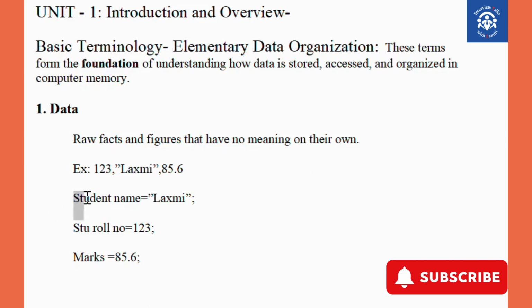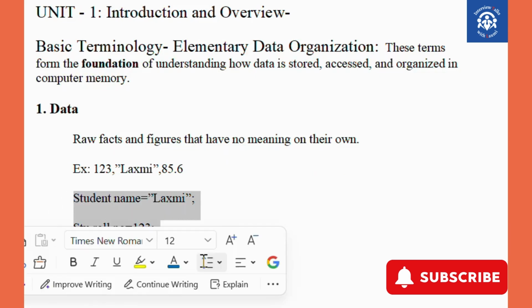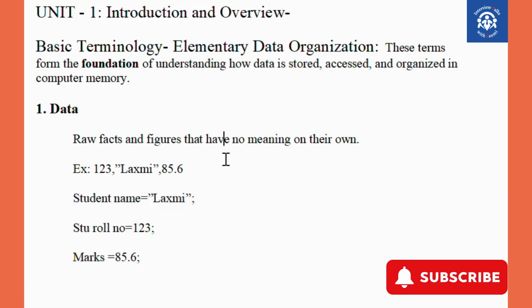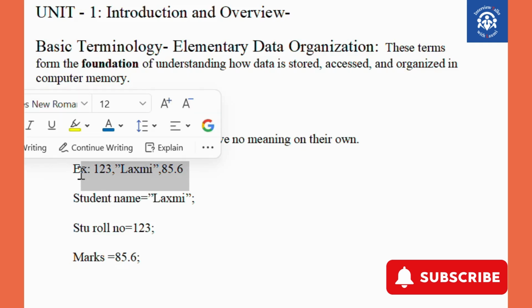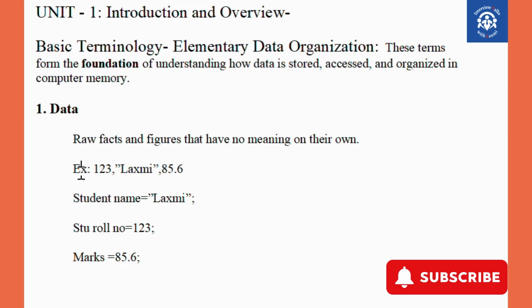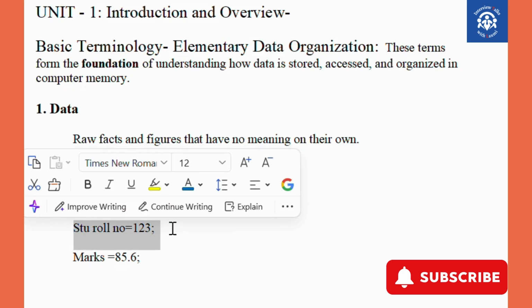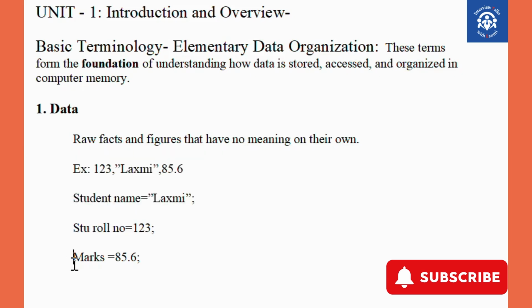So what did you understand from this? Before, I gave these values directly. Did you understand anything? Nothing, you couldn't understand. But once I clearly specified the student name, the student roll number, and the marks, now you can understand something.